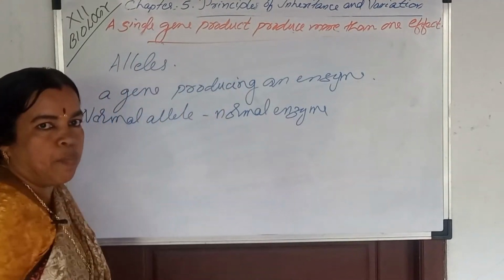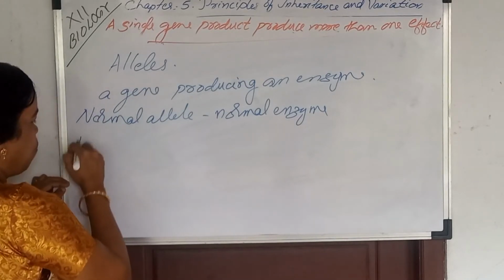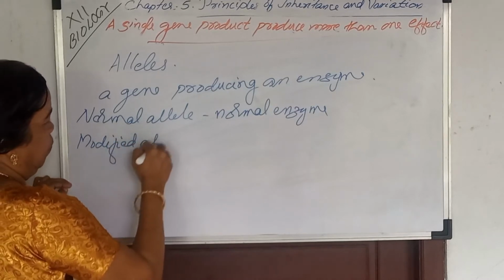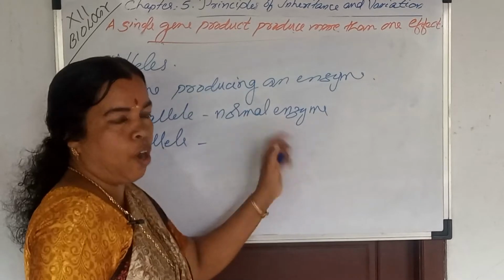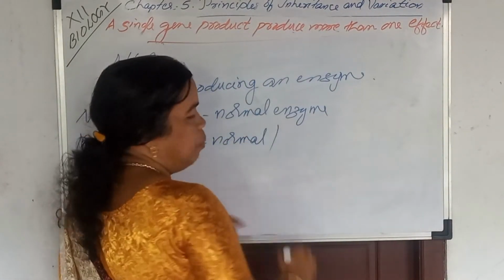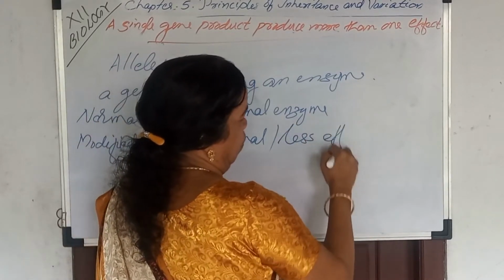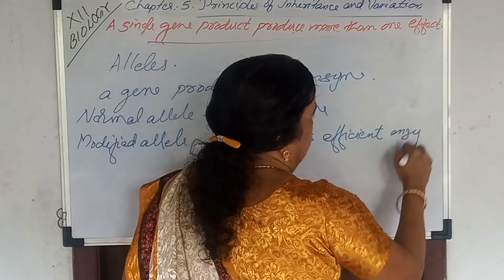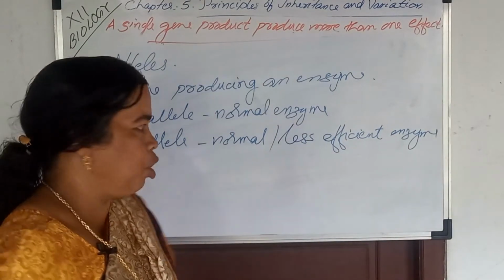Then the same phenotype is observed, but the modified allele sometimes may produce a normal enzyme, sometimes a less efficient enzyme. In this case also, the phenotype is not affected.